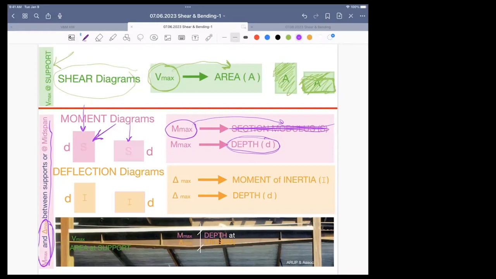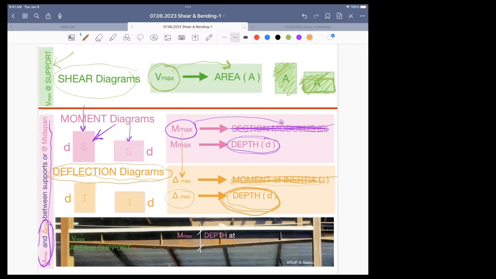And then there is something called deflection diagrams that we don't study, but they too confirm the depth. Because whenever a beam bends a lot, the outcome is it deflects a lot. So there's something also you hate called the moment of inertia. It's unimportant. It's confirming the depth so that it doesn't bounce too much.